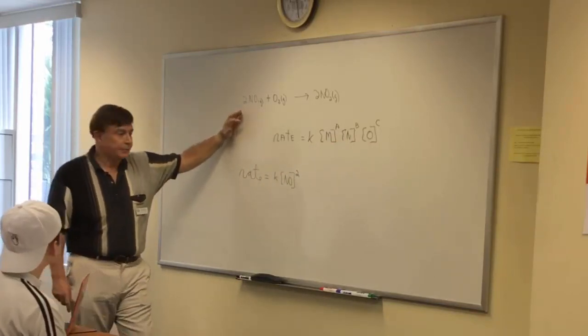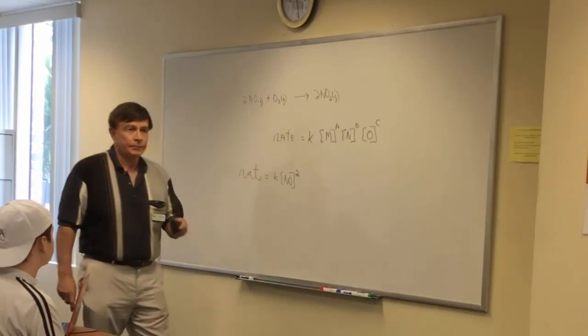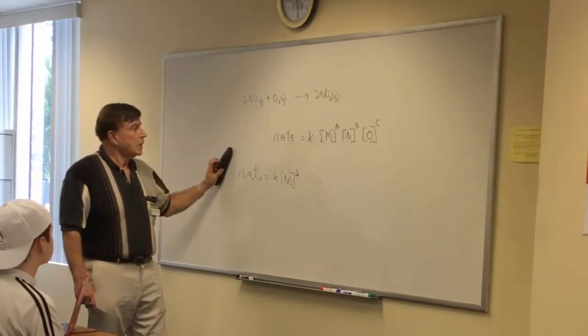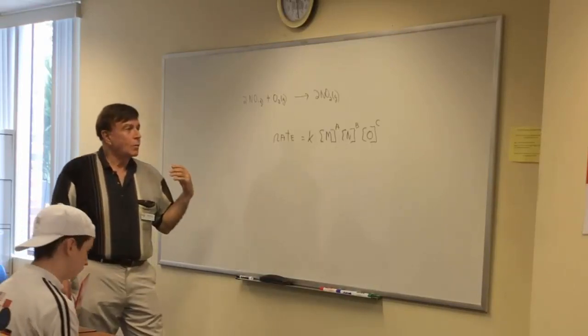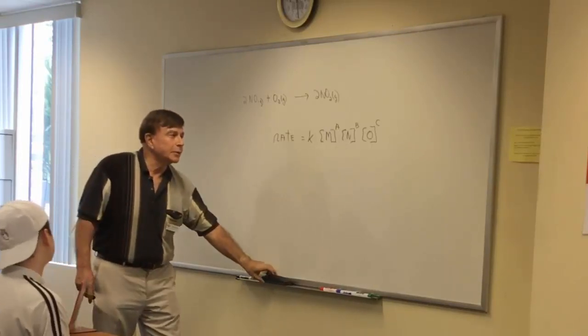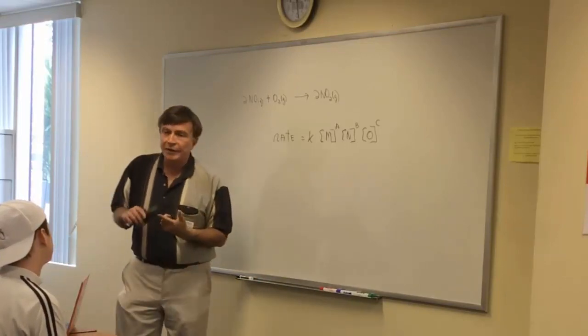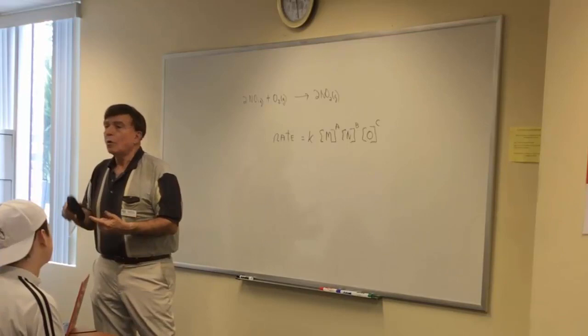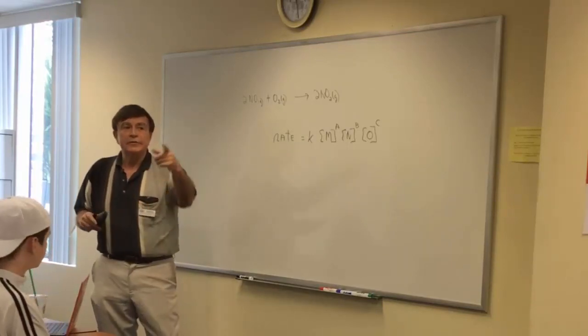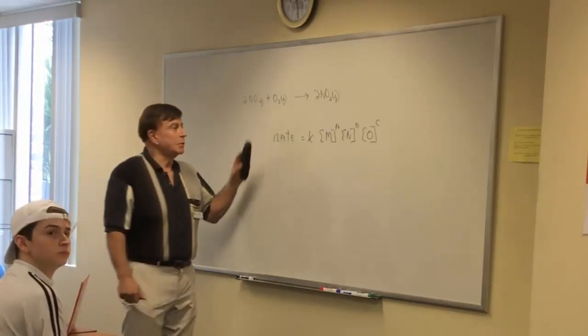Again, implies. So now, how do you know what order you're going to be in? You have two ways. You get the experimental data, and I'll show you how to do that, or it will be specified in the problem.